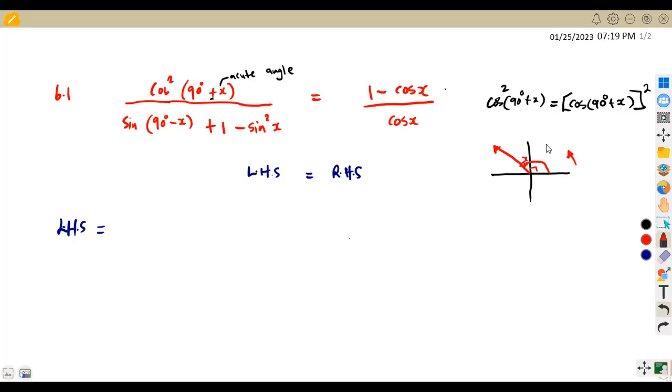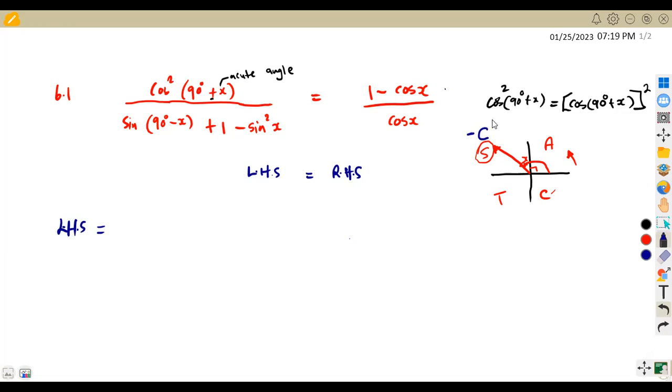So in this quadrant, from All Students Take Calculus or from the CAST diagram, whatever way that you take it, we can see that the 90 plus x is in the quadrant where sine is a positive. But the cos that we are referring to is a negative, because this quadrant is only for sine, which means cos here is a negative value.